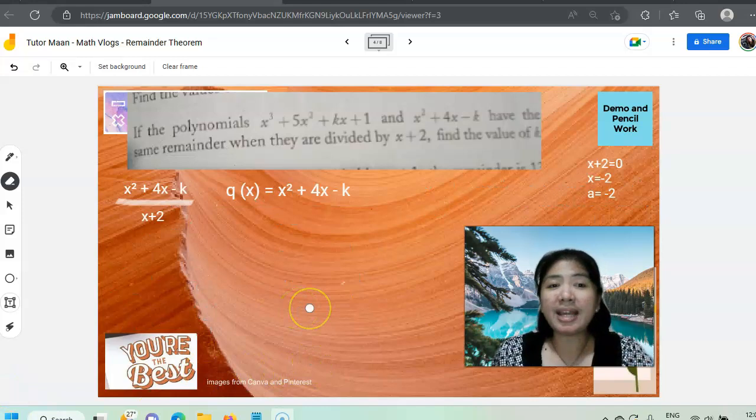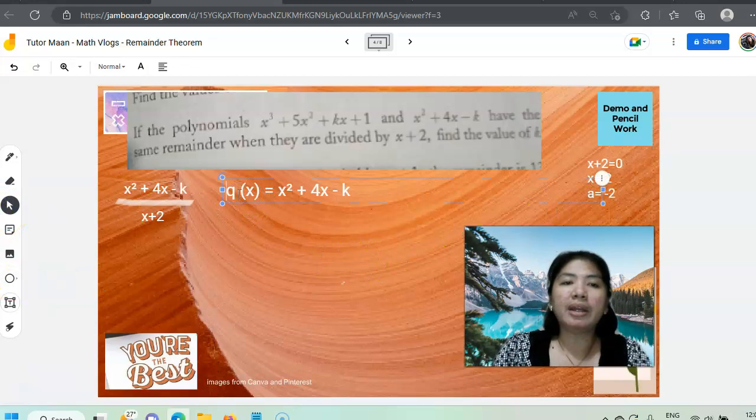And now for the second polynomial. So the same drill. Our a is negative 2. So we are going to replace the letter x with negative 2. So let's do that. Just copy the polynomial here and then replace x with negative 2.